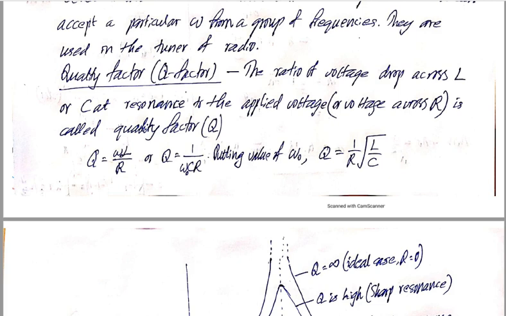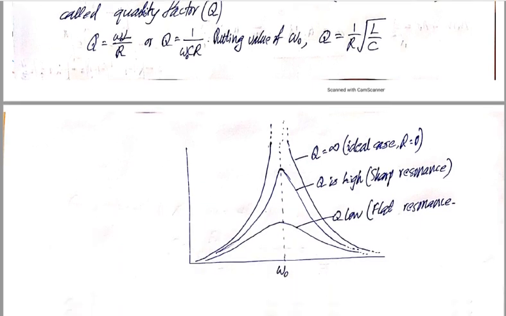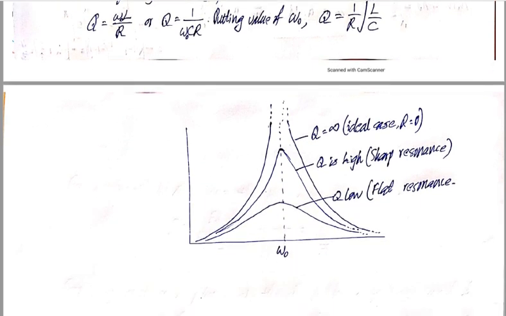In the ideal case, if the resistance is 0, then the quality factor Q will be infinity. In that case, the peak value of current at resonance will be infinity, because I0 equals E0 by R and R is 0. That is only an ideal case, so the resonance will be infinitely sharp.